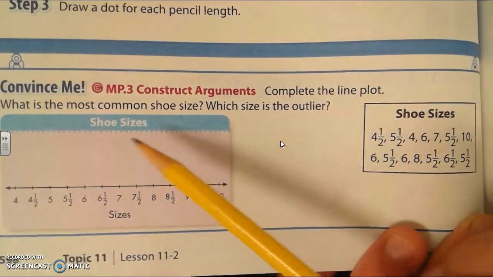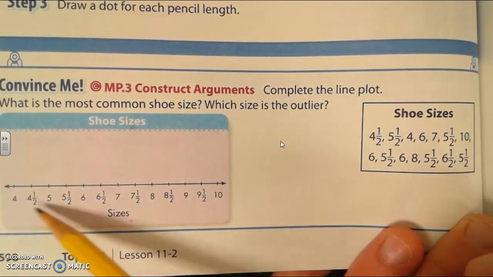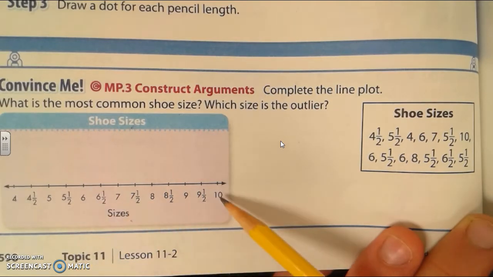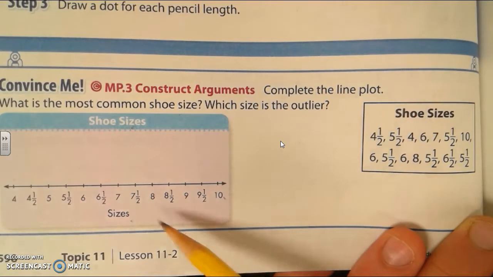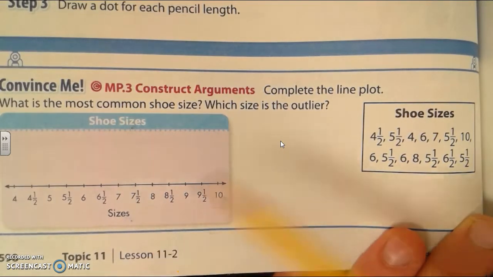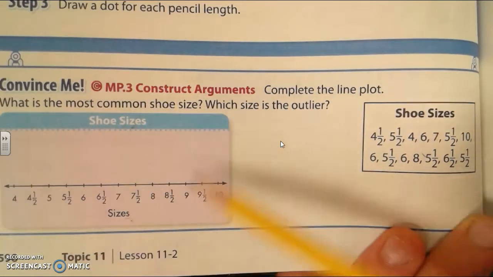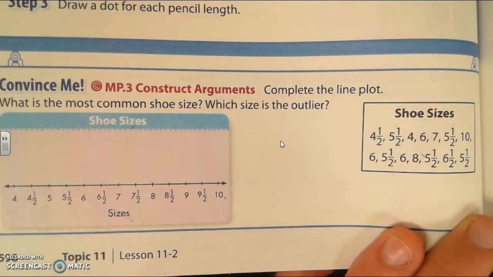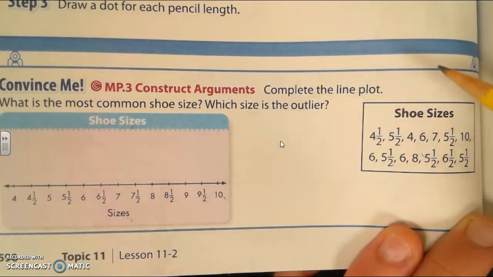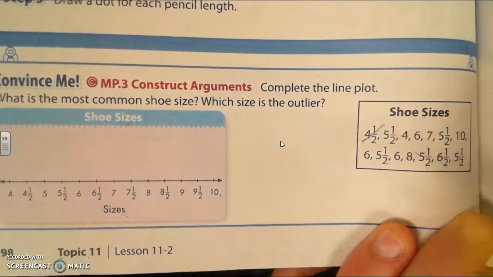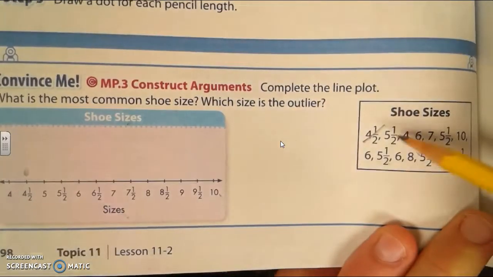So you'll see that there is a title on the line plot. There's a label for the number. All of these numbers are the different sizes of shoe. So step 1 and step 2 have already been done for you. All you have to do is use the data and put it on this chart. And as you go through, you cross it off. 4 1/2. Put your dot there.